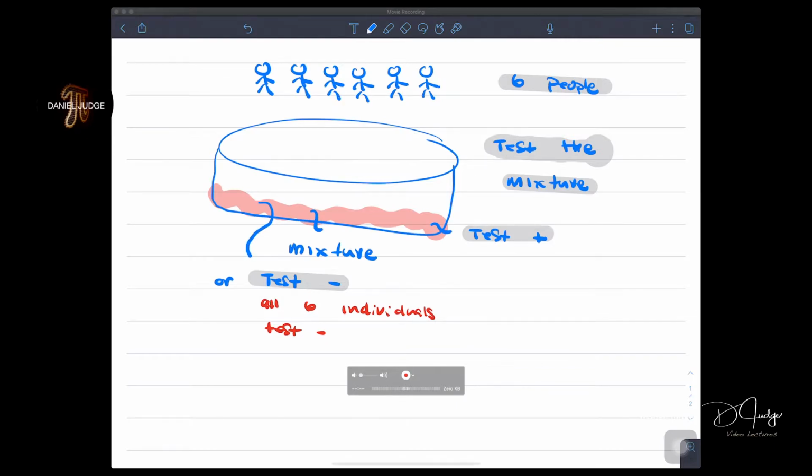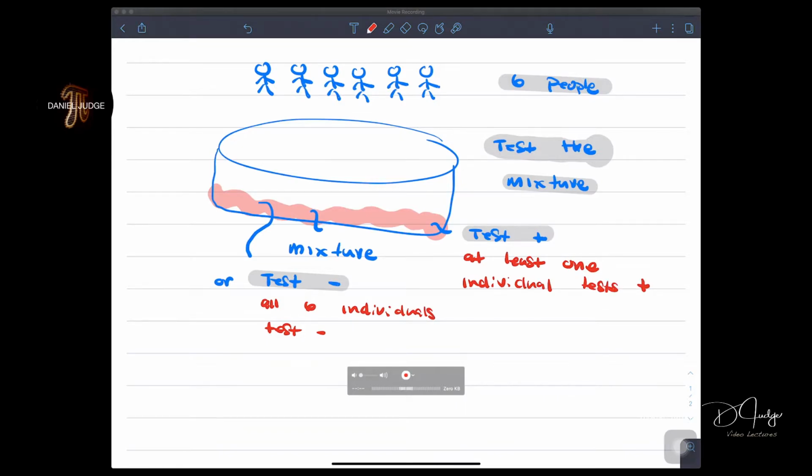And then here's what's important. We have to know when this mixture tests positive. And that mixture will test positive, ladies and gentlemen, when at least one individual tests positive.